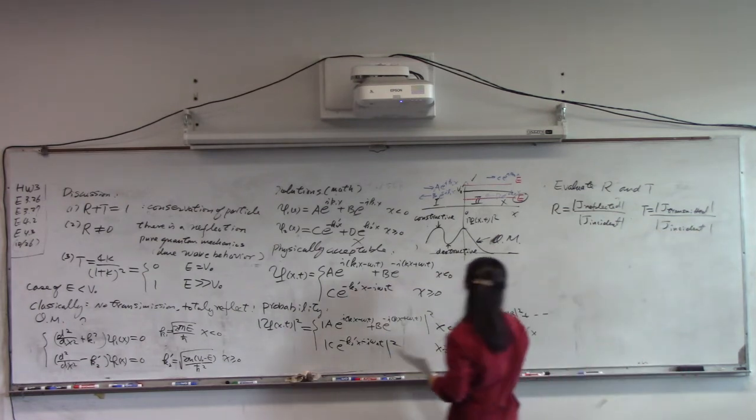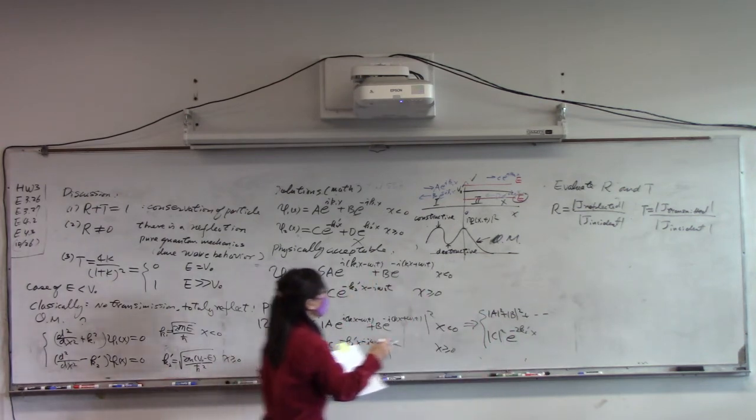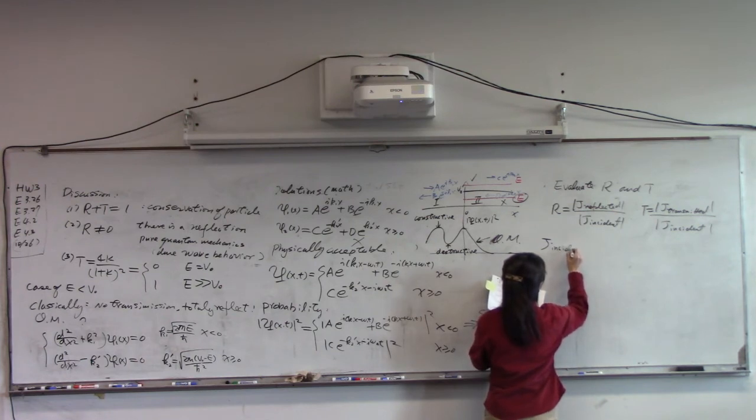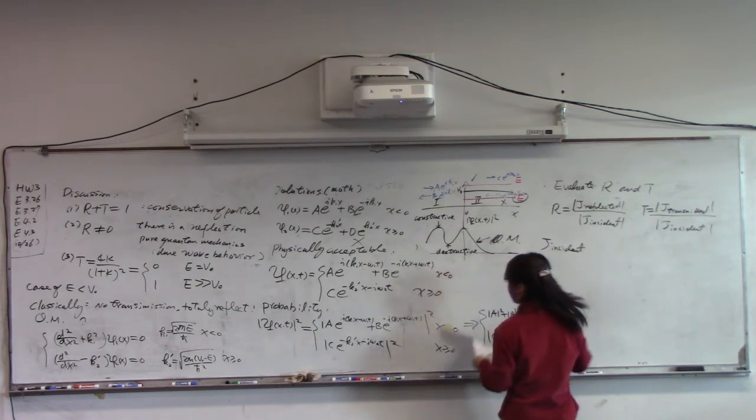Now we need to calculate each individual, right? So I just gave you the result. Since it is the same thing, the procedure is the same. You just select the wave function here.